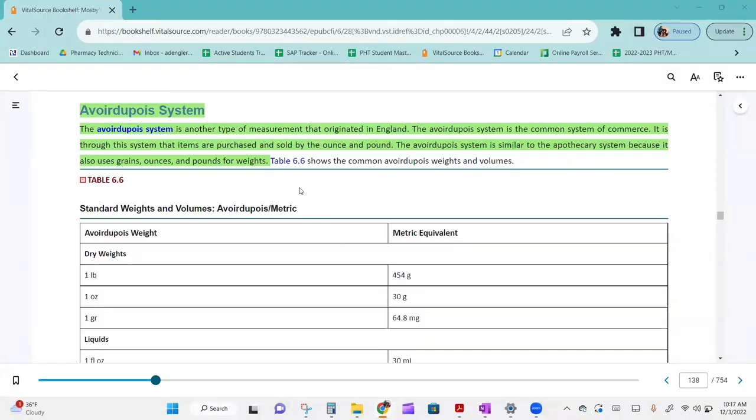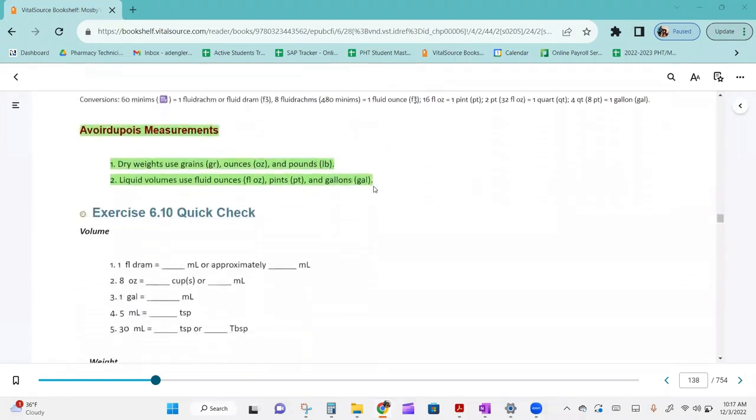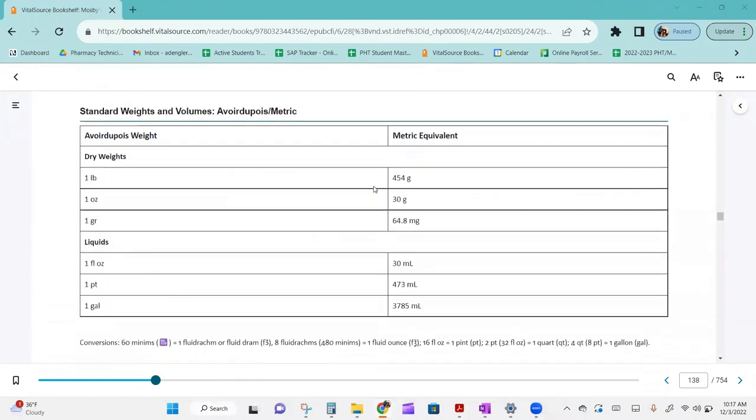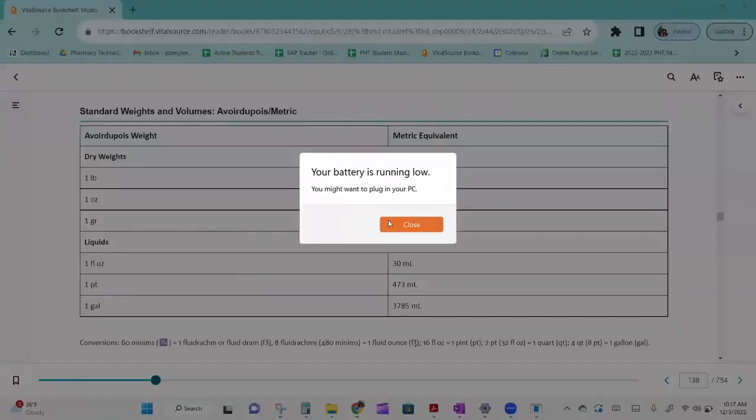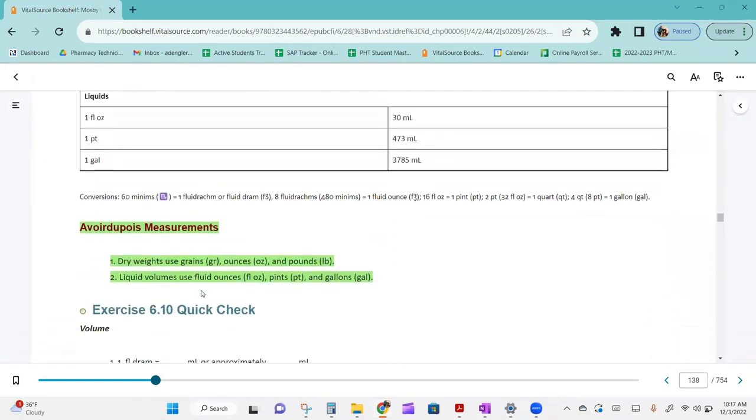The Avoirdupois system is another type of measurement that originated in England. It's very close to the metric system, same type of rules. Converting is going to be the same way. We have this table here with conversions.